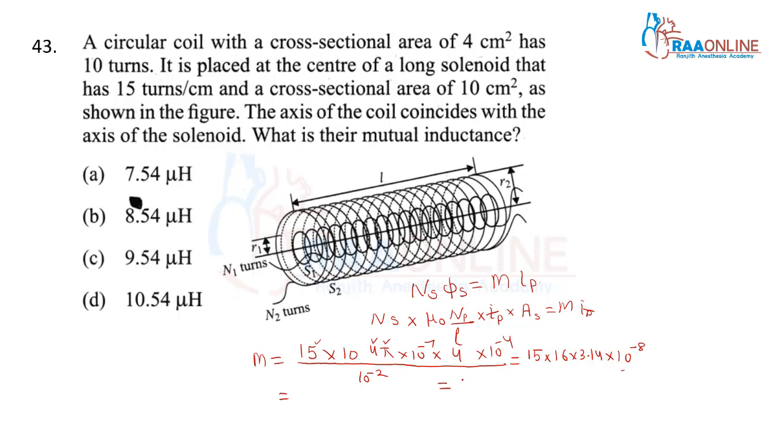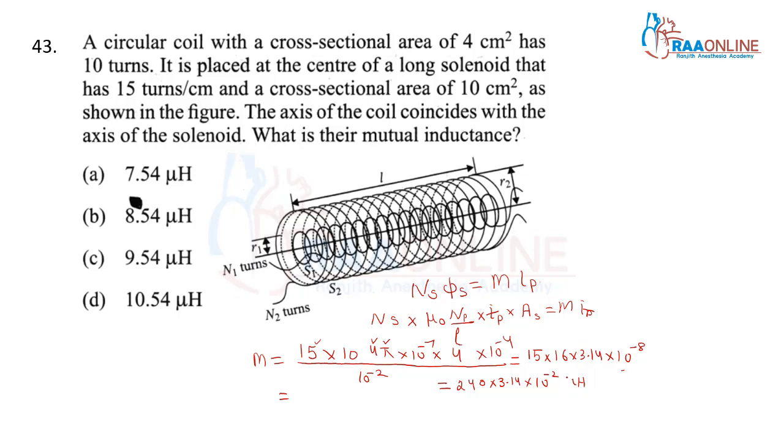So 15 into 16, 240, into 3.14 into 10 to the power minus 2 microhenry. For minus 6 I put micro and the remaining minus 2 as it is.